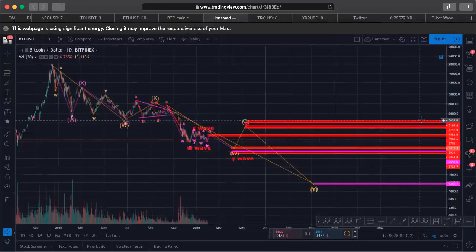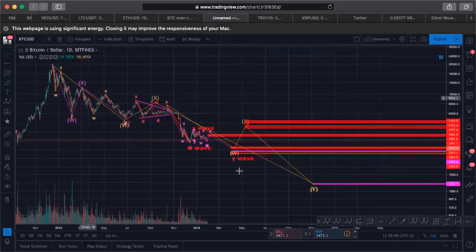We could start an impulse. You know, it's really too early to say at this point, unless we get some big news around this point here, and the technology in BTC is upgraded. Unless something happens, I don't see a big run up just yet.